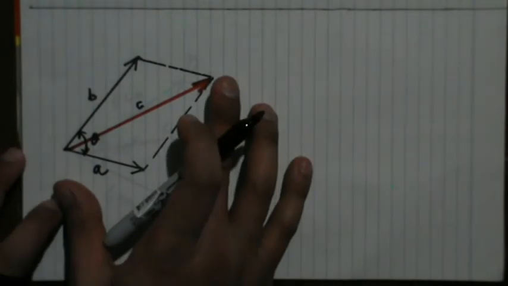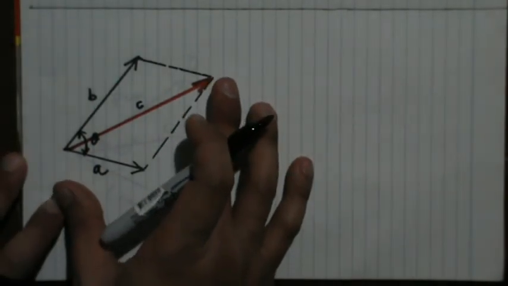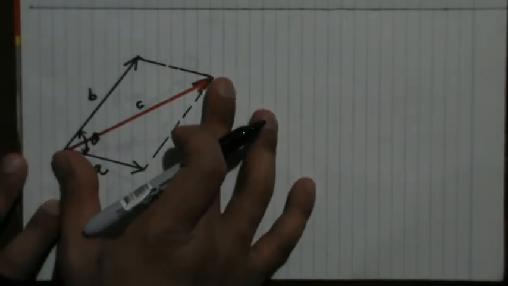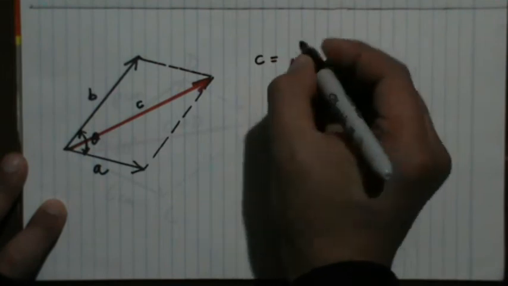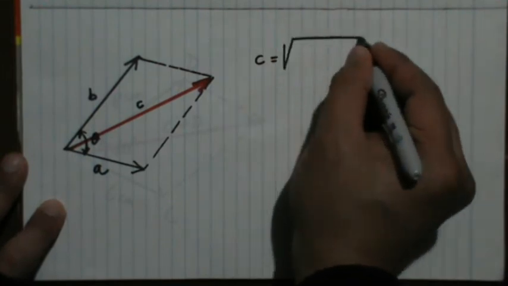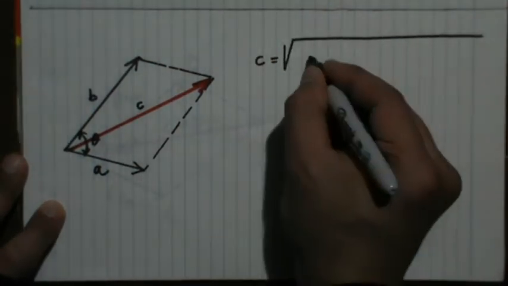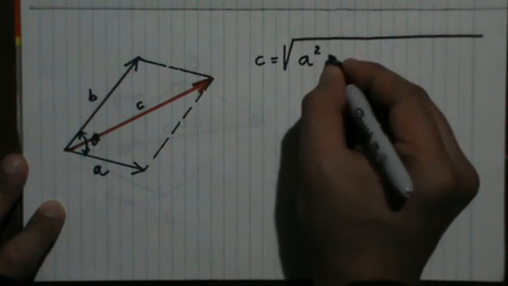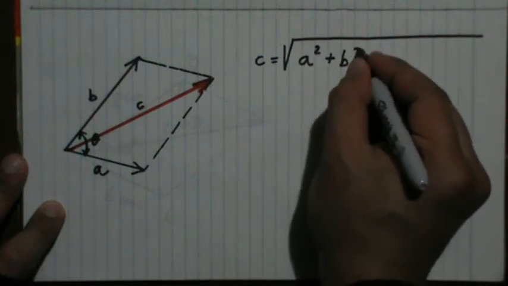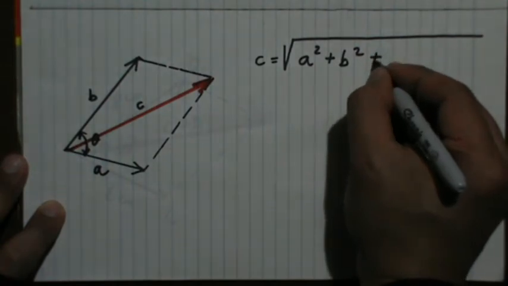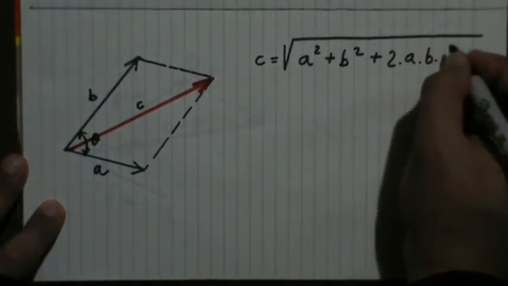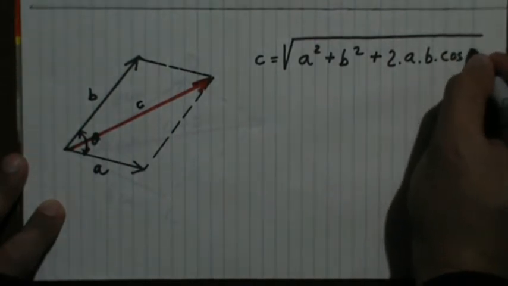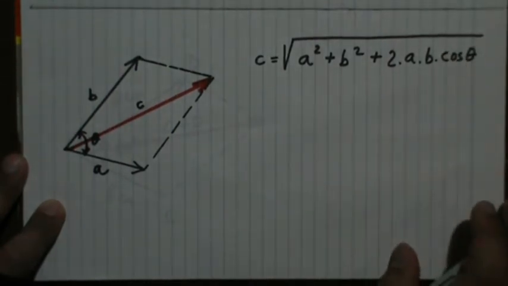Now you can always derive how to get the magnitude of c, but I'll just go directly to it: the magnitude of c here is the square root of a square plus b square plus 2 times a times b times cosine theta.